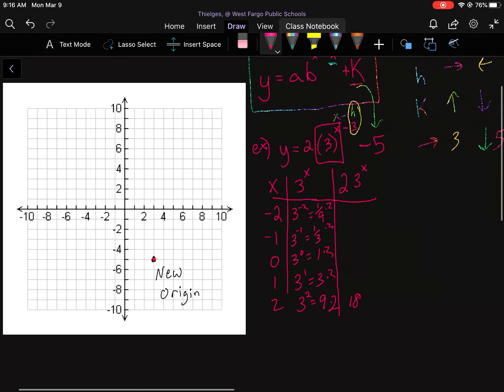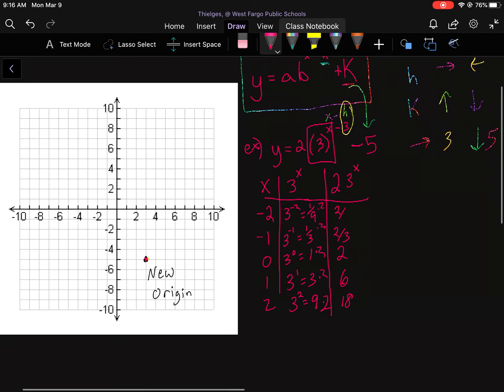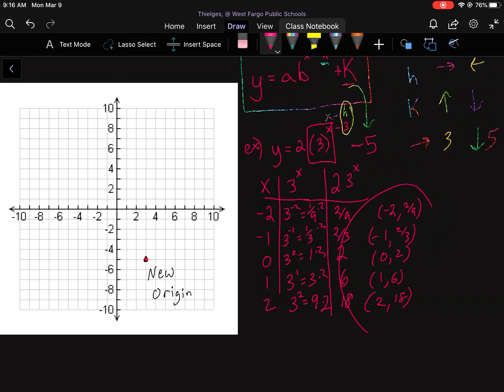So 18, 6, 2, 2/3, 2/9. My ordered pairs would look like -2, 2/9, -1, 2/3, and you can go all the way through those. I'll do 0, 2, 1, 6, and then 2, 18. But they're all going to be plotted from my new origin.